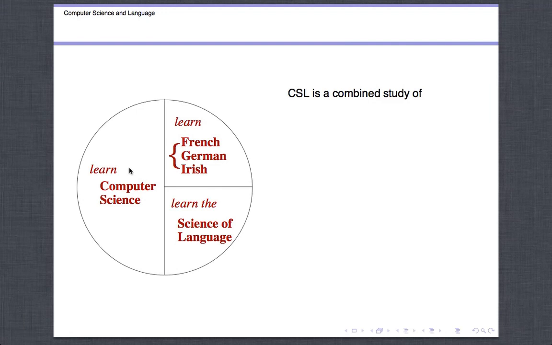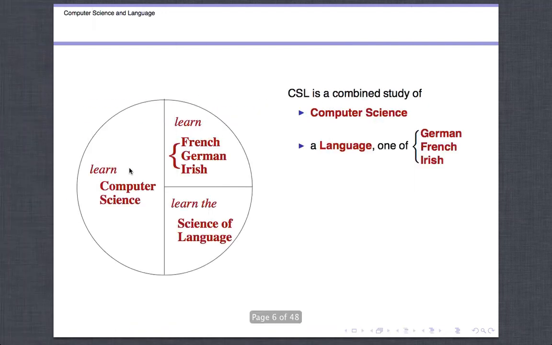So there's a little picture which tries to give you an image of what the course contains. It combines the study of three things. Computer science, a language, which will be German, French or Irish, and also the science of language.